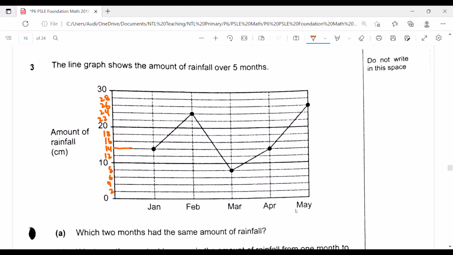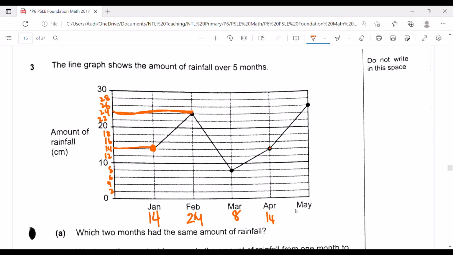Then we look at the lines, right? So January is 14. Let's write down 14. February is, where's February? What you can do is use your ruler, to make sure that you are reading it correctly. This is 24. March is 8. April is 14 too.